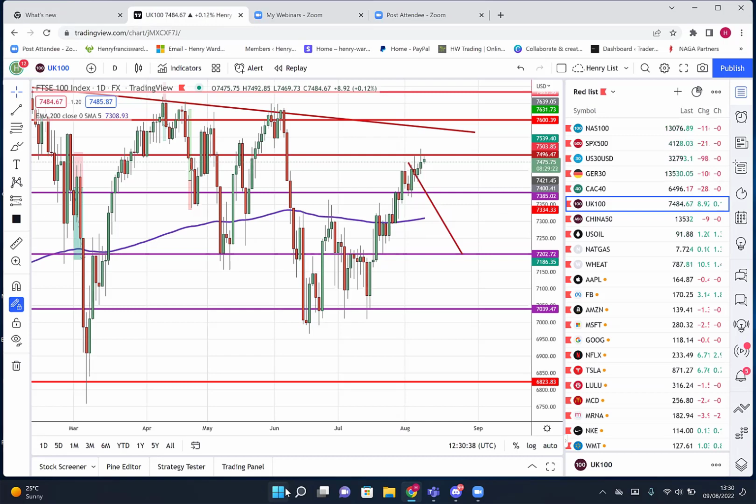So for me, it is definitely a sort of stay away from and leave it alone for the time being. Let it come back into this area. And then if it gets back to that one, or even this one, this seems to be the level where it stops, that 7,039 level. That seems to be where it stops.